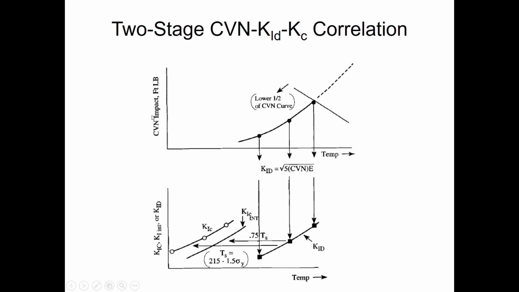I mean the CVN impact here. It's going to be lower in this direction, but it's going to be half lower. This means that if this is 4, this is going to be 8, this is going to be 16. Almost like that, almost linear.